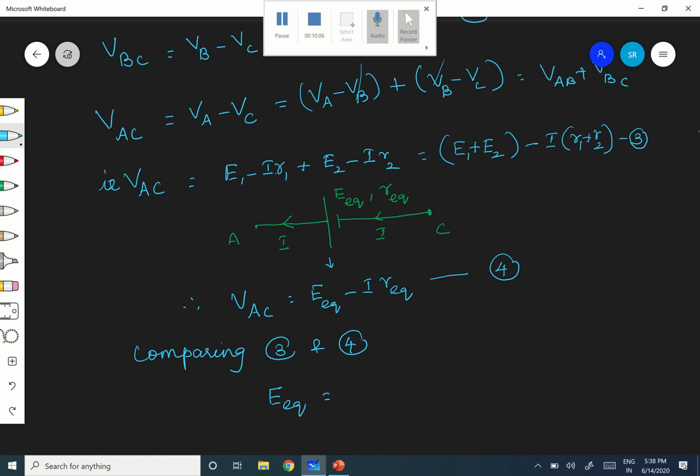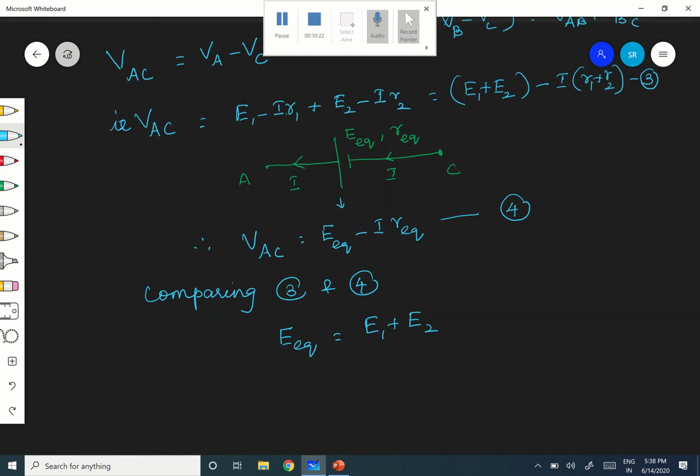The current drawn from the single cell is the same as the current drawn from both the cells which are in series. Therefore, what is E equivalent? Comparing, in the place of E equivalent you have E1 plus E2, and in the place of R equivalent you have R1 plus R2. Very simple.